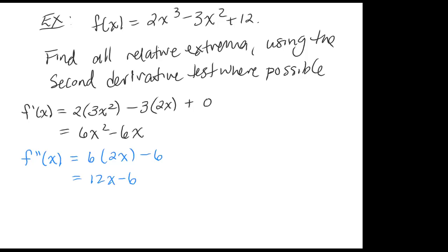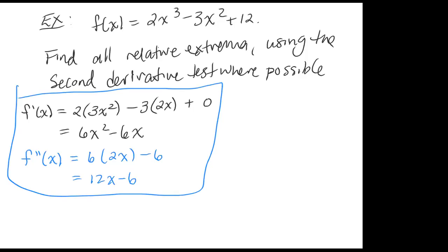Okay, so I have both of those derivatives. Let's find the critical points, because those are the only places where the local extrema can occur. One location is where the derivative is equal to 0. So I'm going to set that derivative, 6x squared minus 6x, equal to 0, and solve.